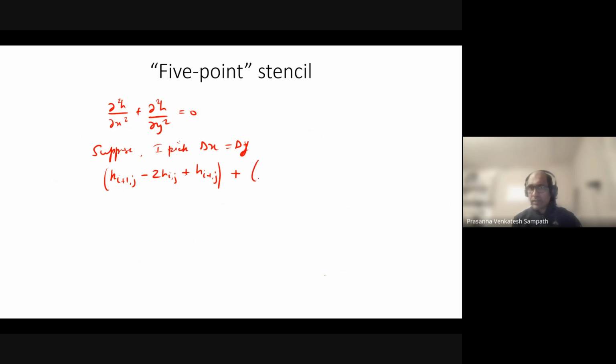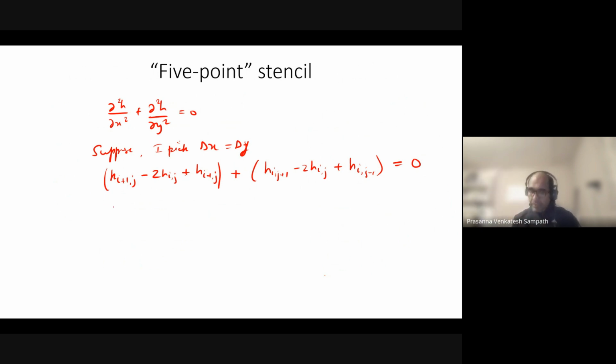The second term will be h of i comma j plus 1 minus 2 times h of i comma j plus h of i comma j minus 1, divided by delta y square, equal to 0. But now remember, delta x and delta y are equal. So I can just remove the denominator. The whole thing is gone.